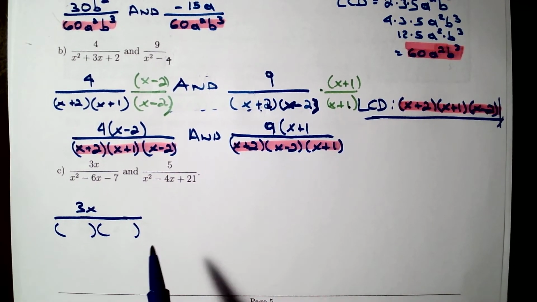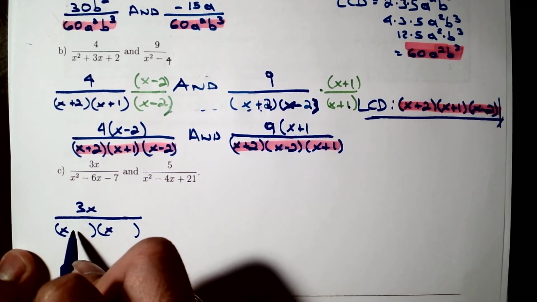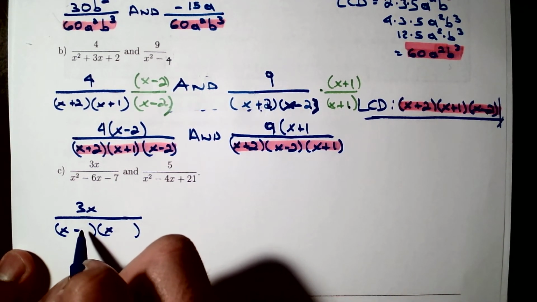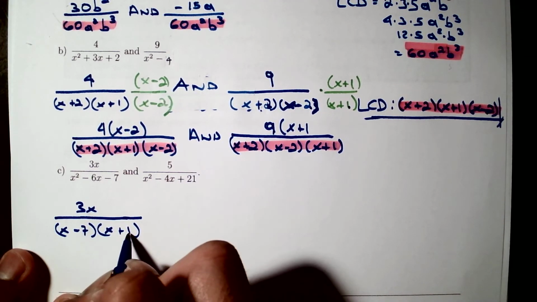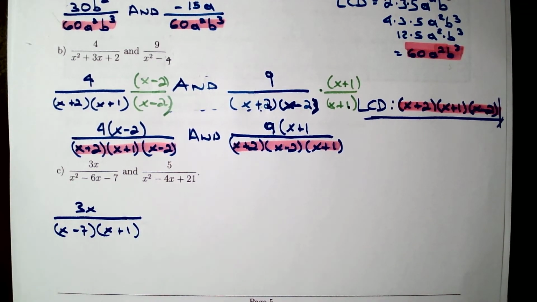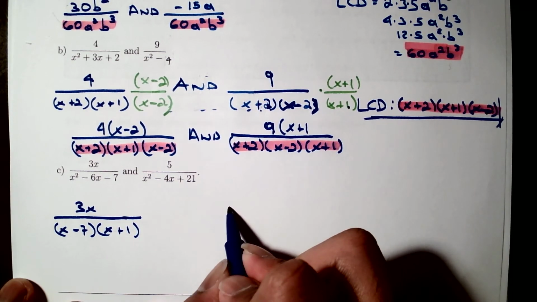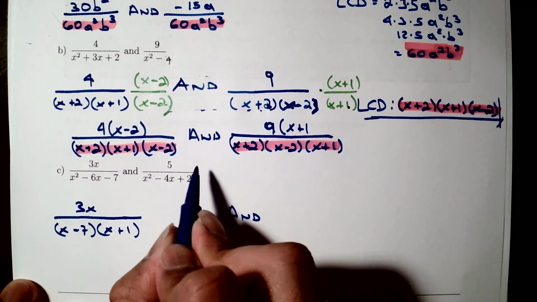We're using the double bubble method, factors of -7 that add up to -6. So x minus 7, x plus 1, because -7 times 1 is -7, and -7 plus 1 is -6. I'm going to leave some space for missing factors.